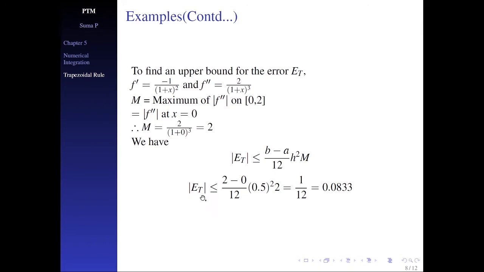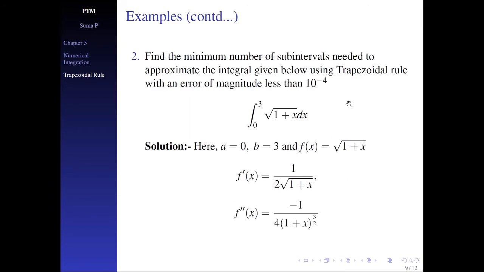That means the error is less than or equal to 0.0833. The meaning is that the difference between the actual value and this calculated value is very small, that is it is less than 0.0833. So that is error.